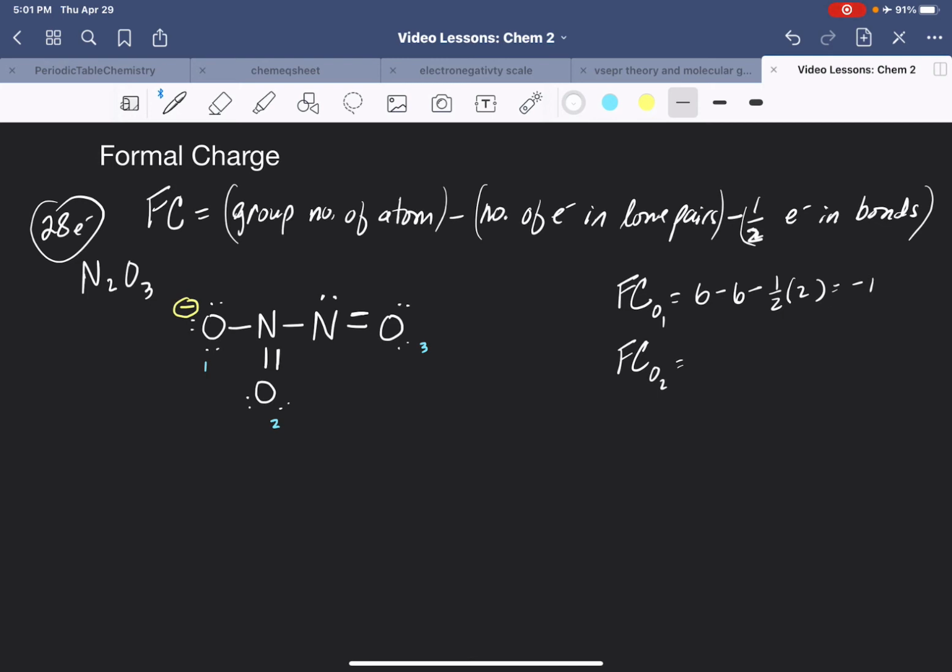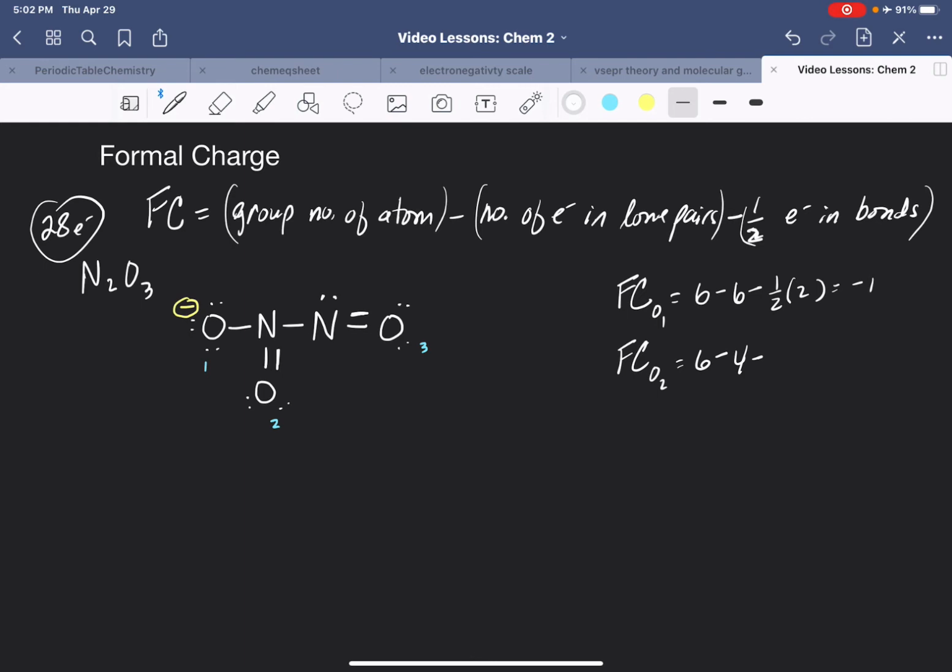All right, so group number 6 on oxygen 2. Now what we've got is the number of electrons in lone pairs. So that's 2, that's 4, right?